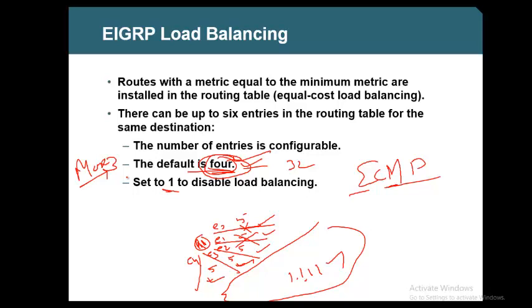Did I answer your question, Mr. Mahesh? Yes, sir. Right, sir. So you can increase up to 32. Again, it is not in all operating systems. In some operating systems you can increase up to 16, in some up to 32.